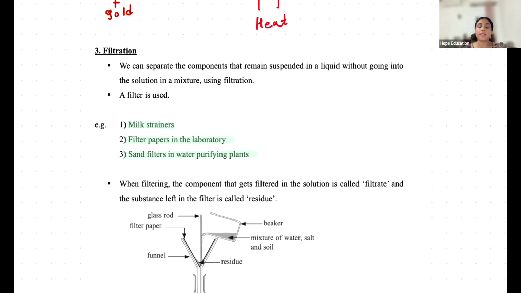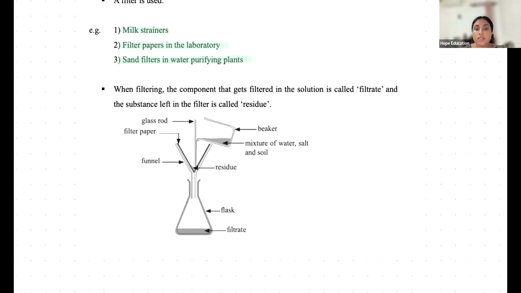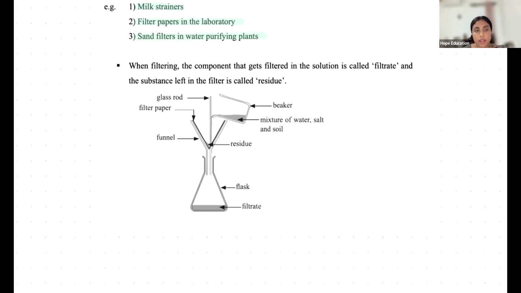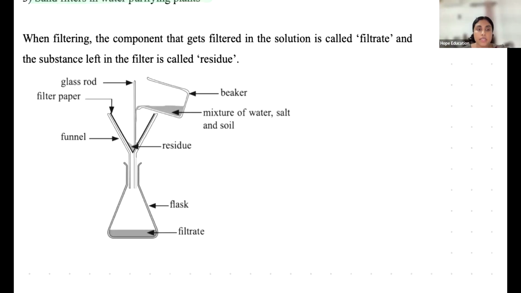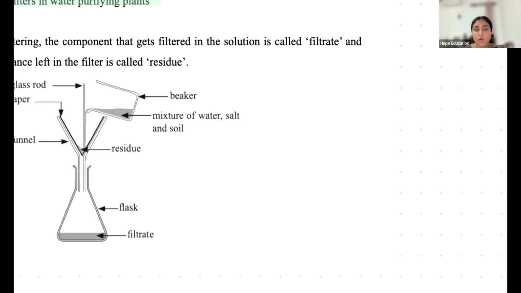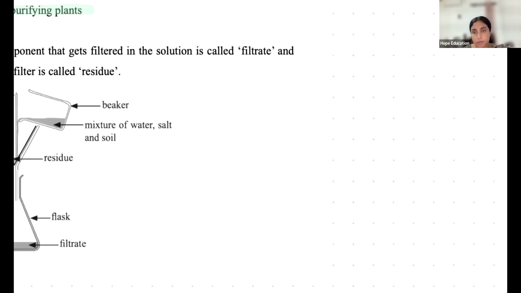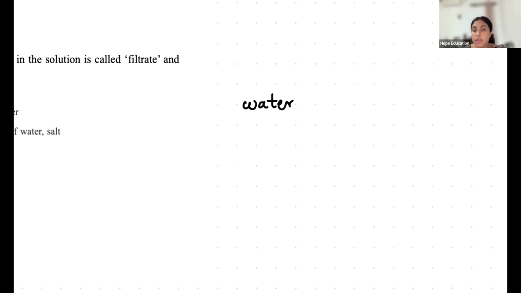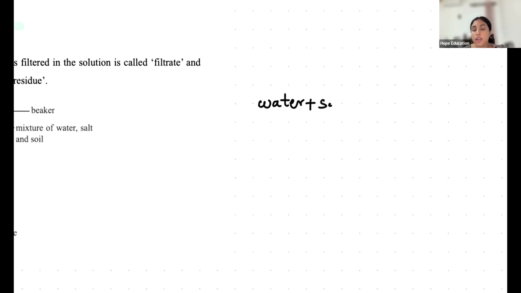We are going to talk about an example here. I have a mixture of water, salt and soil. Right? If you take water plus salt, is it a homogeneous mixture or a heterogeneous mixture?